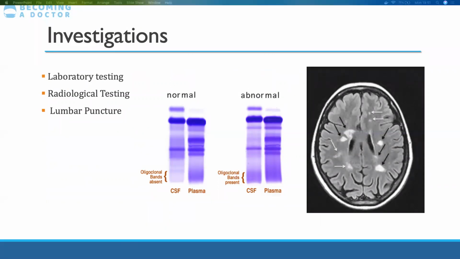You also want to rule out other electrolyte abnormalities, for example hyponatremia. Hypothyroidism is another differential diagnosis for MS. There are also other neuropathies that you want to rule out, because if they just present with tingling, it could quite easily be that.